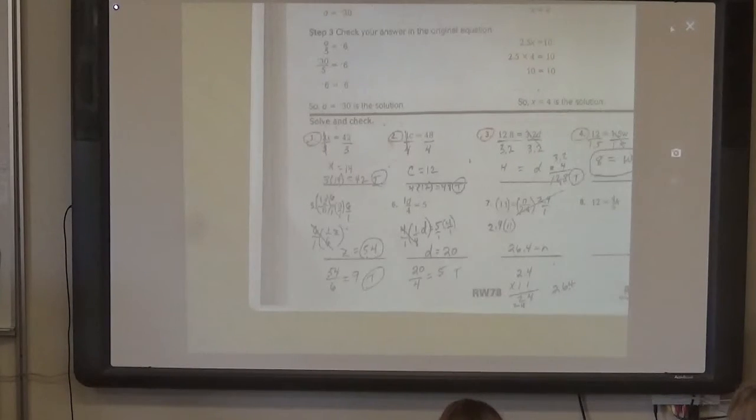Okay. Last one on this side. Now we have a fraction. What's the reciprocal of the number next to the variable? What should we multiply by? And the last one. What should we multiply by?